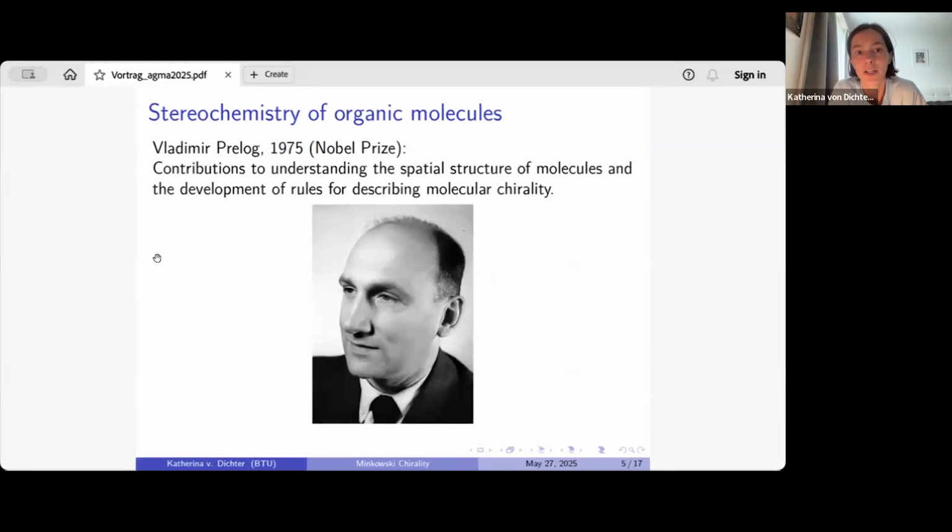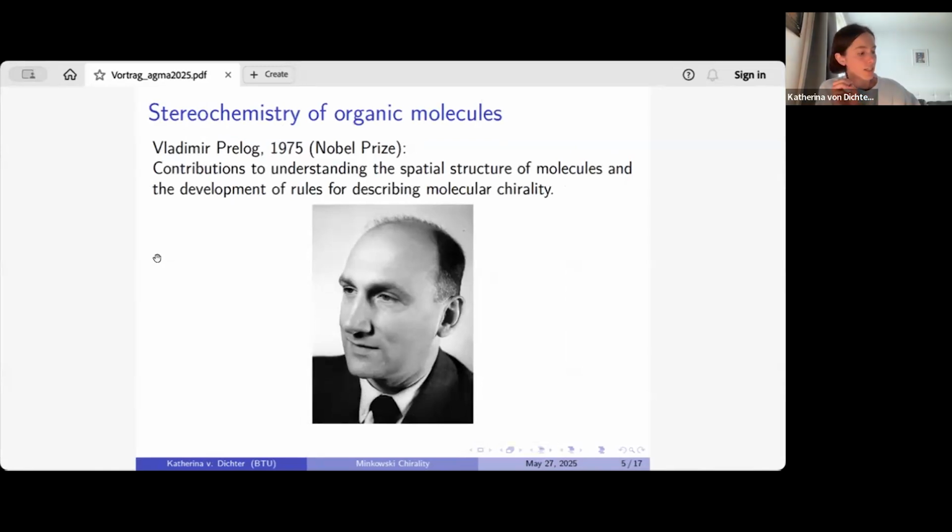And Vladimir Prelog in 1975 got a Nobel Prize for his contribution to understanding these spatial structures of molecules. And he also developed some rules for understanding this molecular chirality. So in general, chirality is really important to have a better idea of the visualizations of molecules.